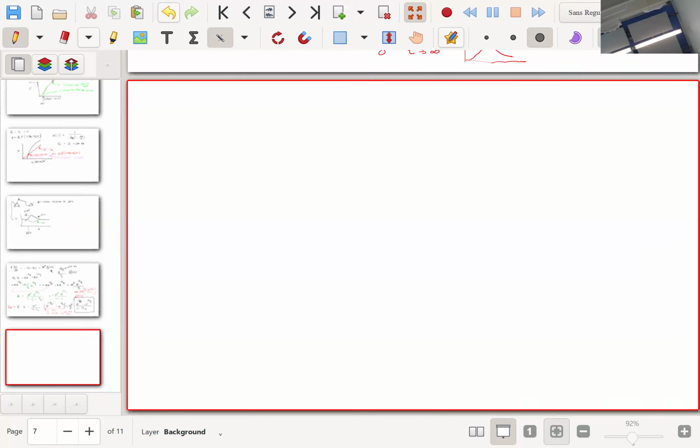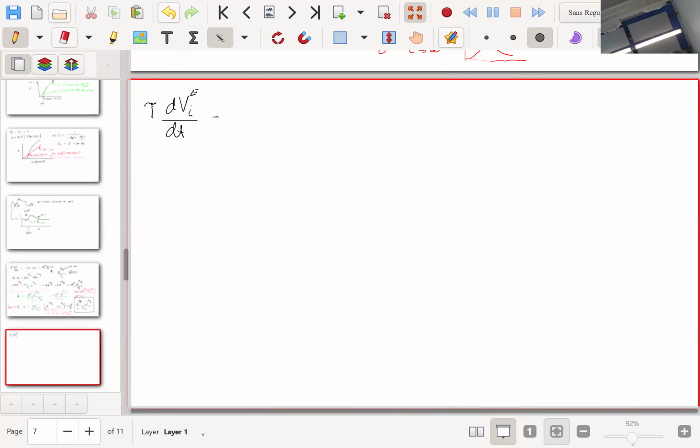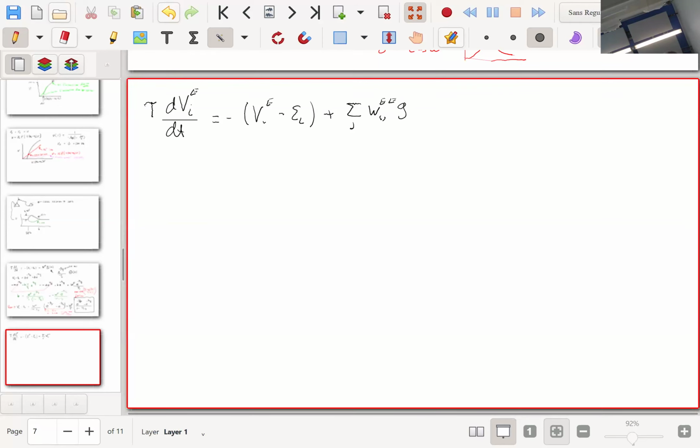We're going to write tau dV_E/dt equals minus (V_E minus E_leak) plus the sum over j of W_EE g_jE(t), this is going to be our equation, minus the sum over j of W_EI g_jI(t).